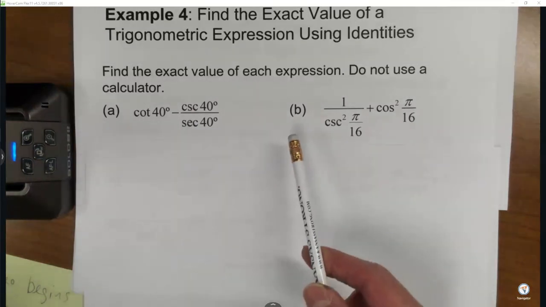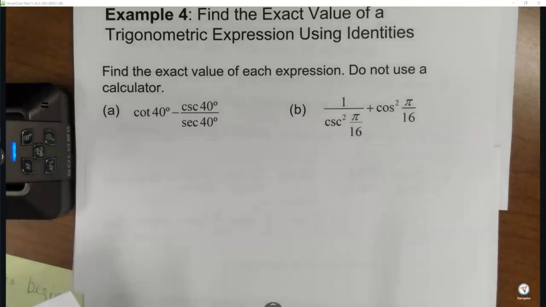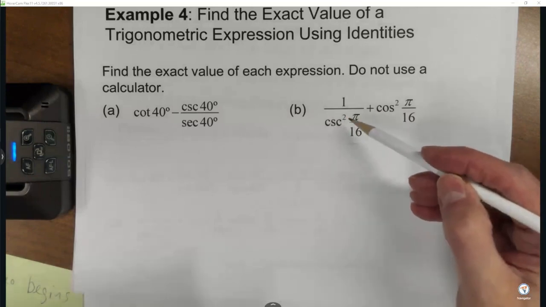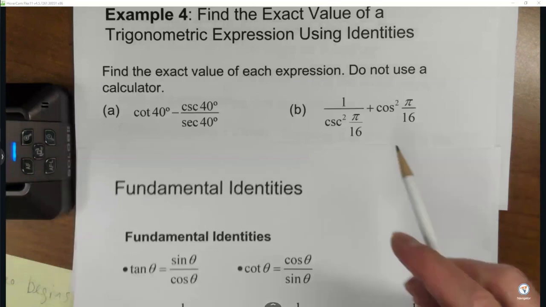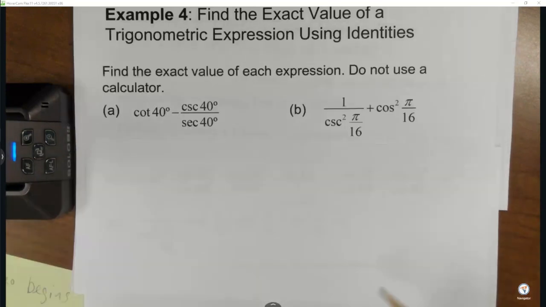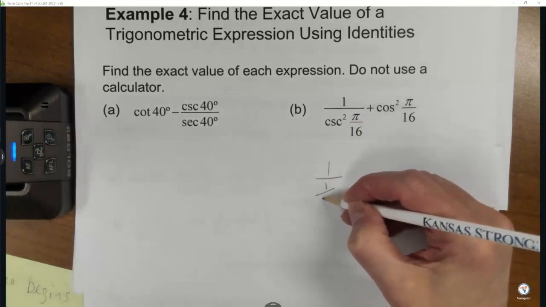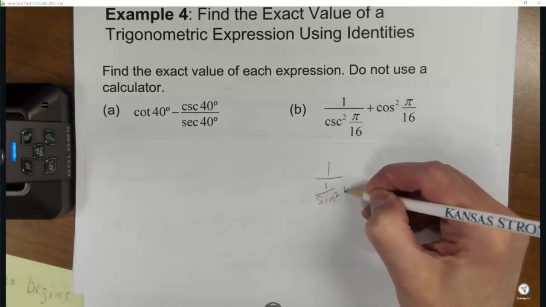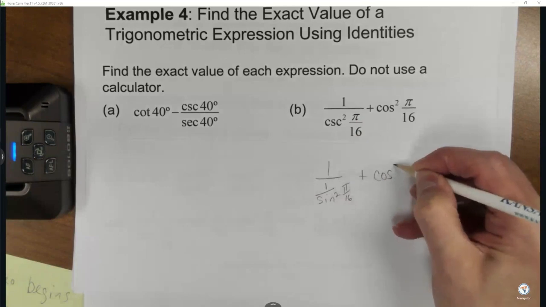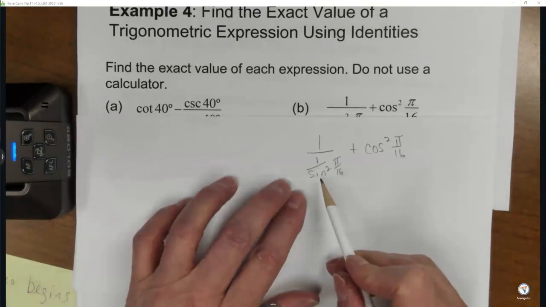Okay, let's look at this next one, B here. It says 1 over the cosecant squared of pi over 16. Now we know from our identities that cosecant can be thought of as 1 over sine. So I'm going to rewrite this as 1 over sine squared pi over 16 plus cosine squared pi over 16. Okay, now this just simplifies.